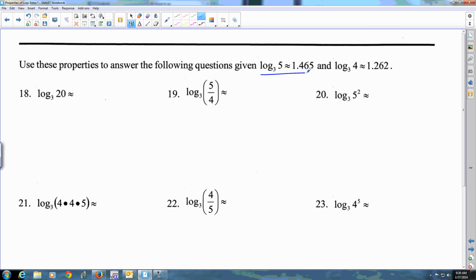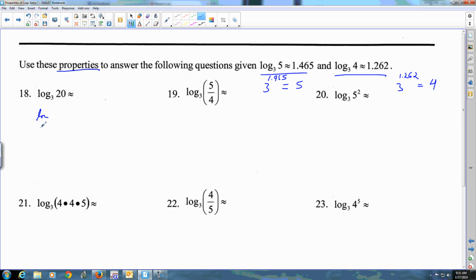Here, they're just trying to see if you can use the properties of logarithms. They've gone ahead and found 3 to what power is 5. So 3 to the 1.465 equals 5. And 3 to the 1.262 is equal to 4. So what they've done is they've done that work for you ahead of time, and what they're saying is, using the properties that you've been doing on the previous page, use this information to get an approximate answer for it.